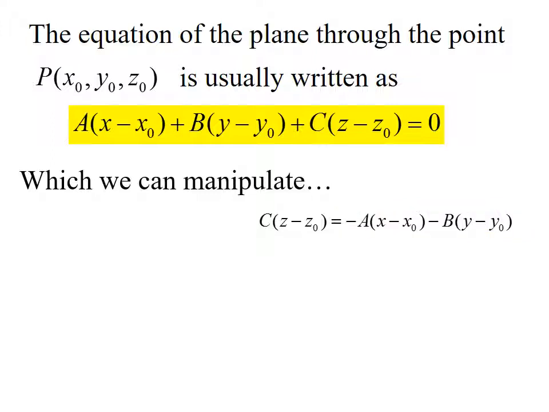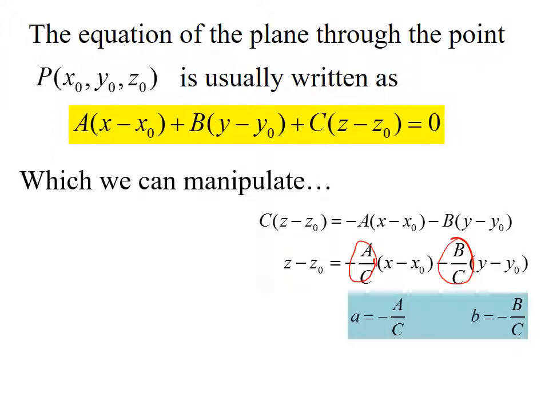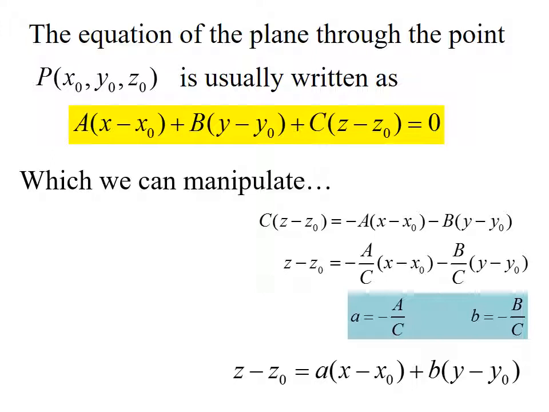We're going to divide through by the c, and then we're going to rename these quantities. So the negative a over c and negative b over c we will simply call by the single letters lowercase a and lowercase b. So we end up with an equation that looks like this.